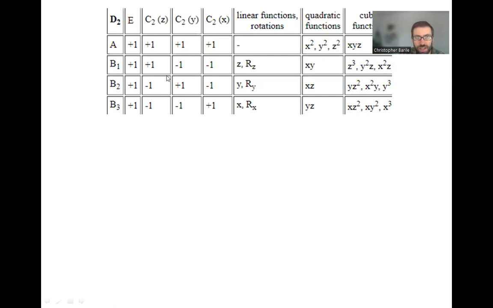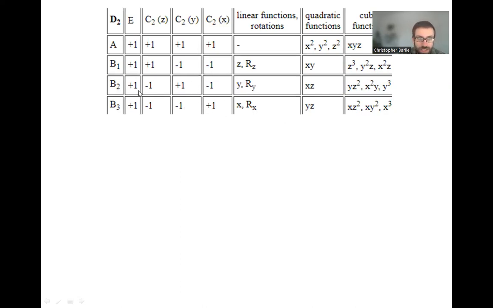And so, does it really matter in this case? They changed the definition of the principal rotation axis in order to call these B's. But at some level, it doesn't really matter. So you have to make sure you're talking the same language here.